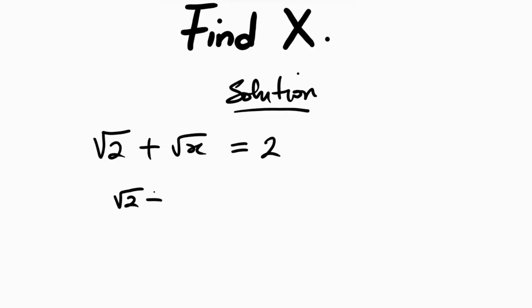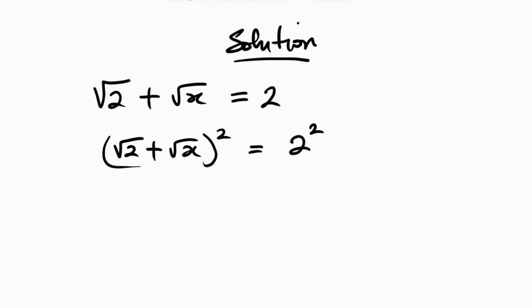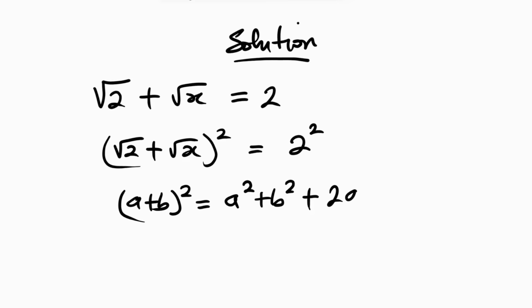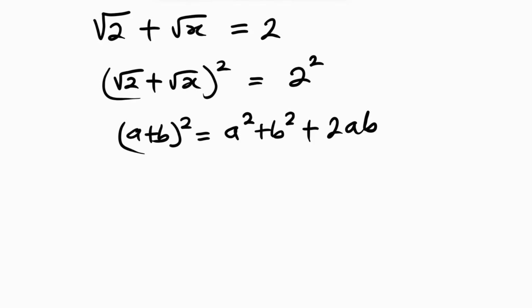And so we'll square this, and then 2 raised to the power 2. Now we know that (a plus b) all squared is equal to a squared plus b squared plus 2ab. So we're going to apply this to the left-hand side.